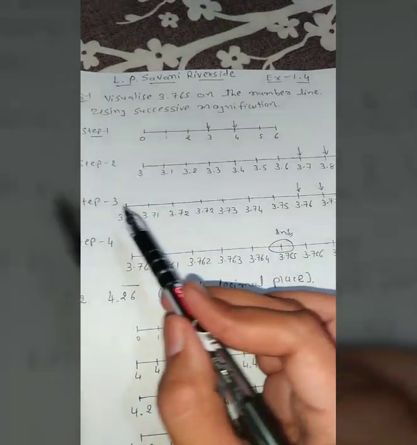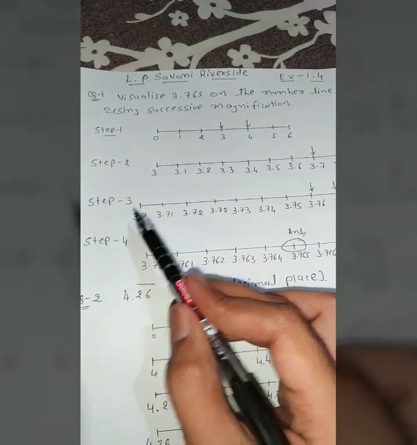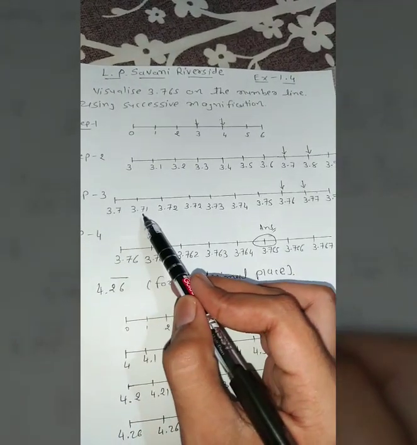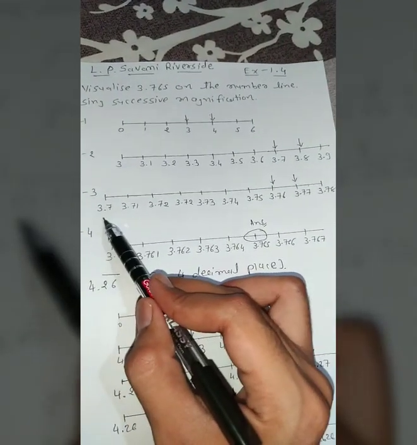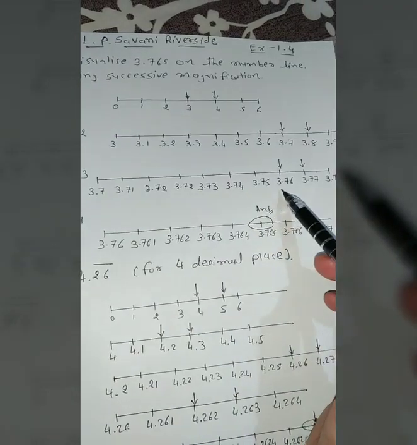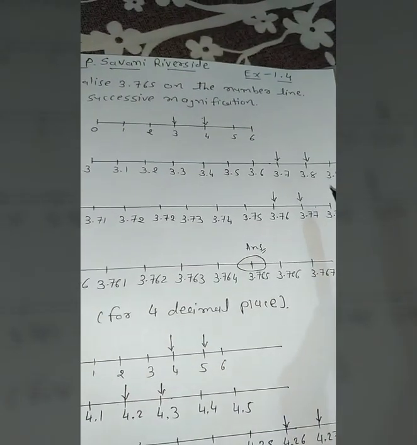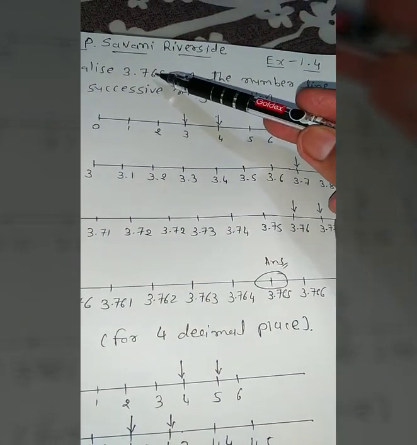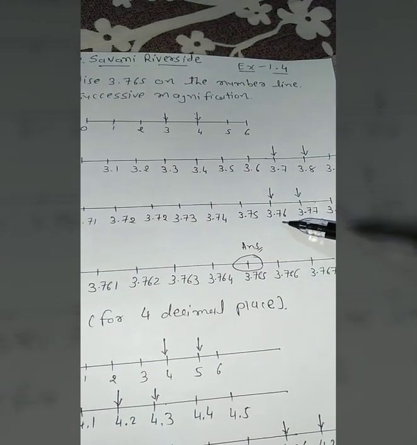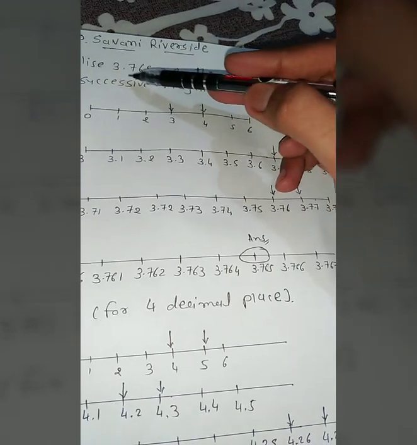In the next step, I found 3.7 in the second step. After that, I want to expand the line segment between 3.7 and 3.8. So I can find the second decimal place: 3.7, 3.71, 3.72, 3.73, 3.74 up to 3.76 and 3.77, because our next decimal digit is 6. So 3.76 I can find here, because the second decimal digit of 3.765 is 6.